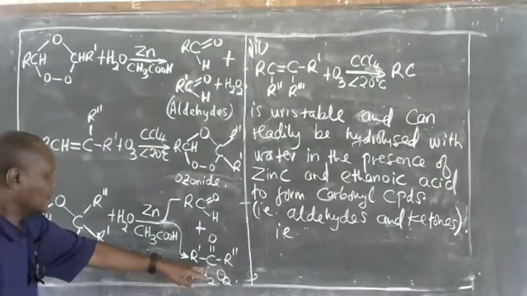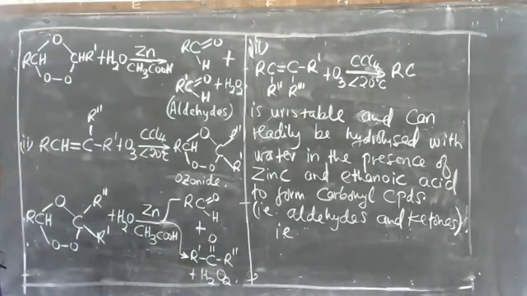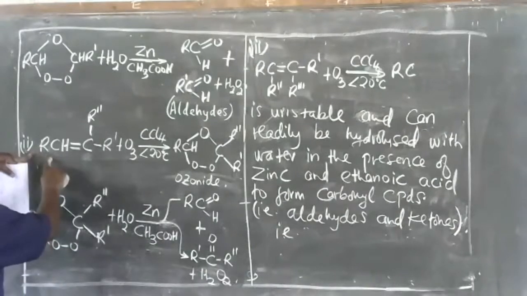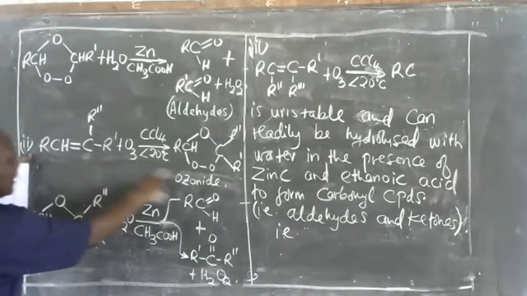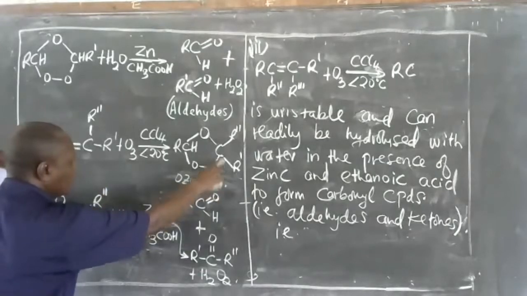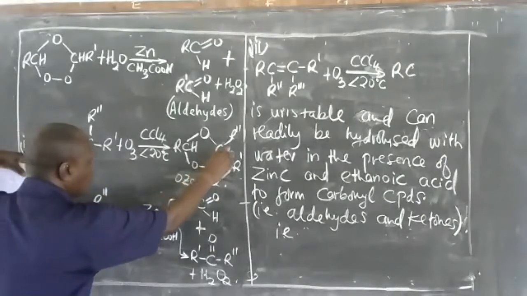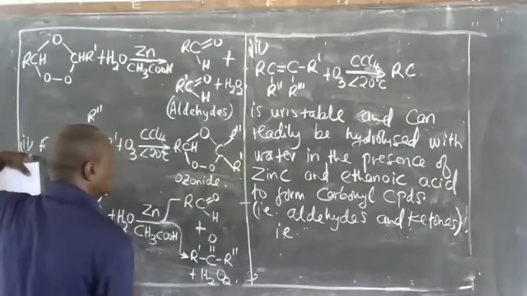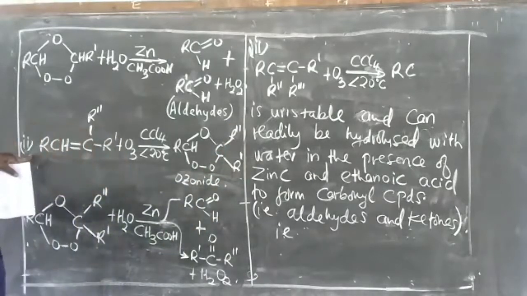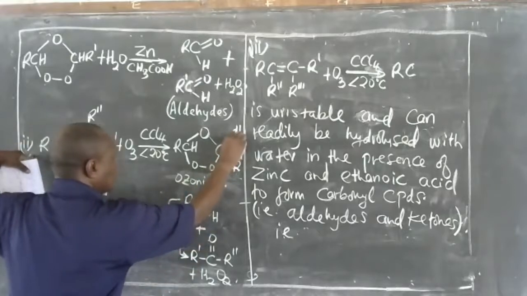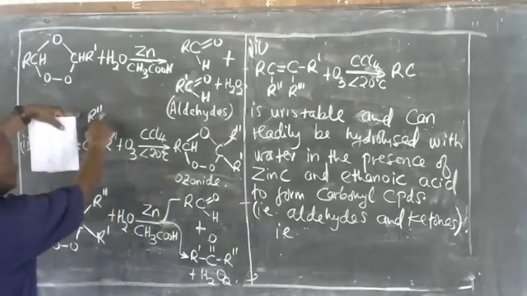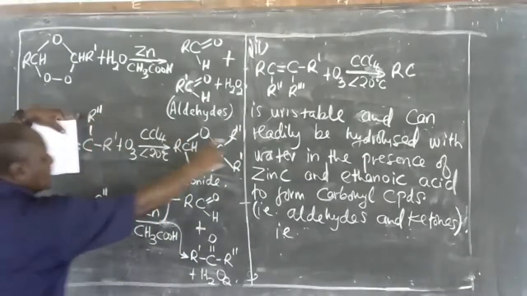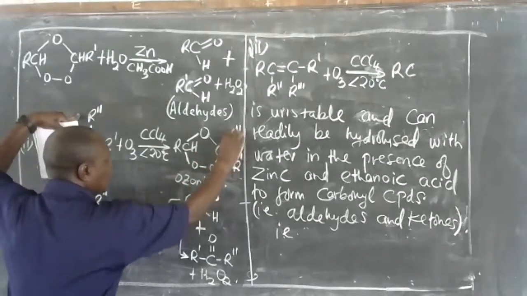The one where we found the ozonide. This one, yes. There are products here at the end. Here, the C, is it R prime or? This is R prime 2. This is R prime. Okay, thank you. This R here. This one has come here. This is R.